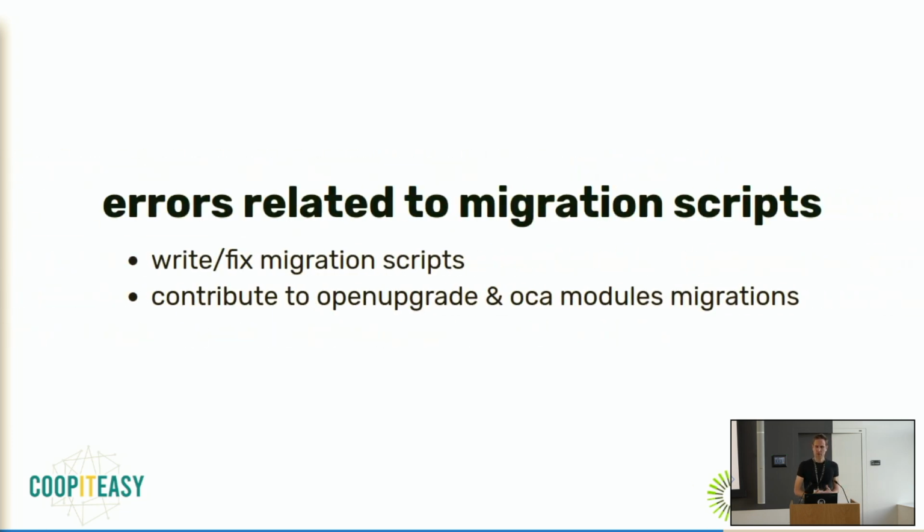If there are errors related to migration scripts, like a table doesn't exist or a column doesn't exist or some index problems, you should actually write or fix migration scripts, because this is where you handle these kinds of problems. So please resist the temptation to fix it only for yourself and contribute to OpenUpgrade and OCA modules migrations.